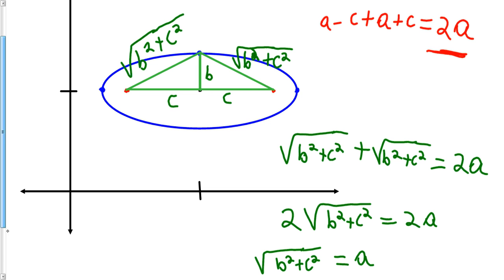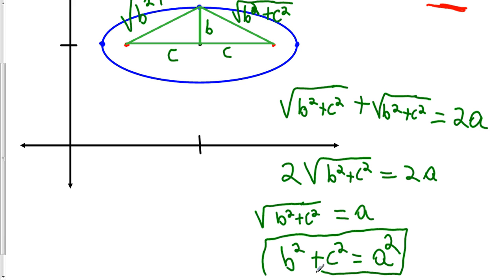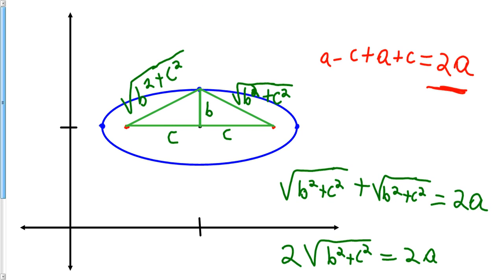And we get this relationship: b squared plus c squared equals a squared for any ellipse. So let's go about trying to find a, b, and c.